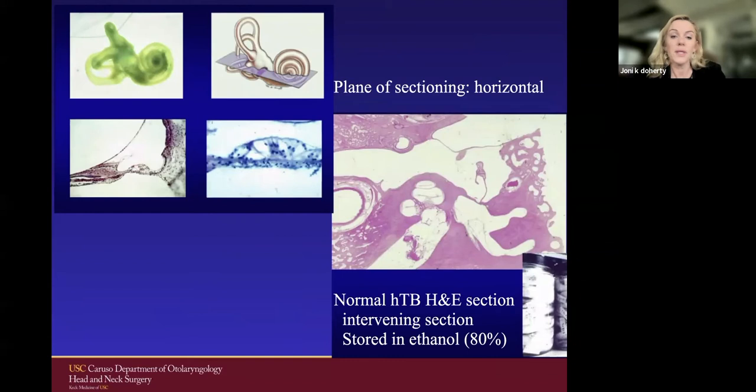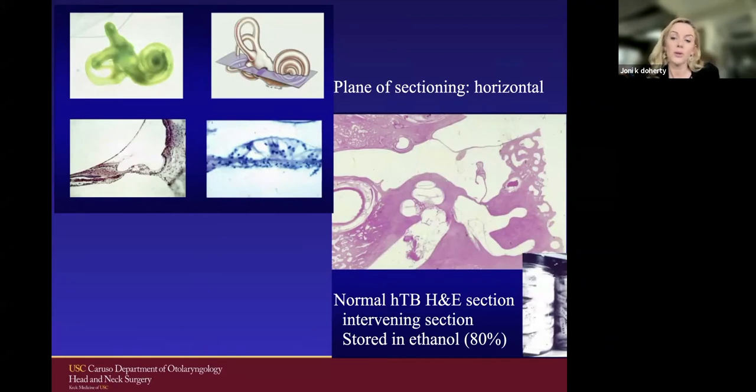They have to be decalcified and then embedded in celluloid in several steps, and then they are sliced on a microtome in horizontal sections.